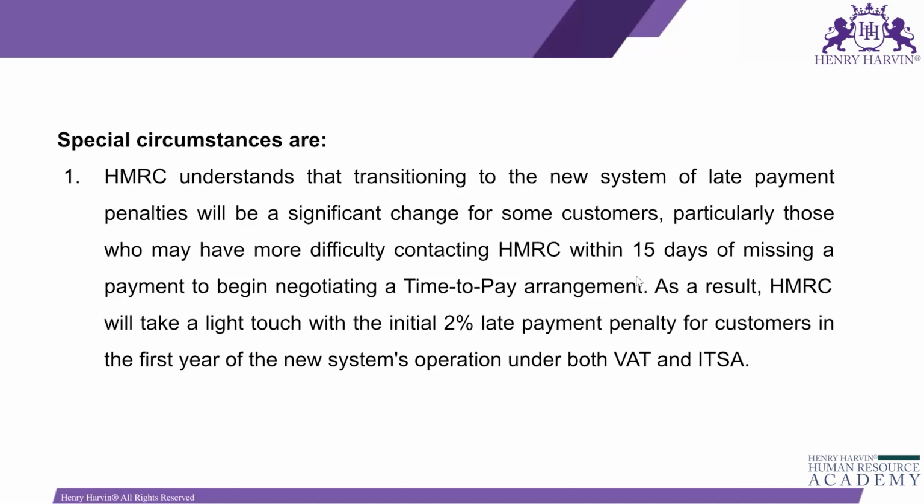They might be contacting them for a TTP arrangement, but there was no contact with HMRC within 15 days. So that is possible. As a result, HMRC will take a light touch with the initial 2% payment penalty for customers in the first year of the new system's operation under both VAT and ITSA. So we have seen that this has been changed in 2023.